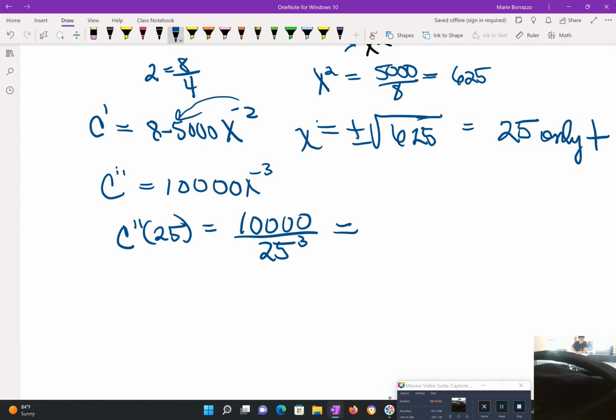Can someone with a calculator tell me what you get? What's 10,000 divided by 25 cubed? 0.64. Okay, so you get a positive number, right? A small one, but it's still positive. So it's greater than 0, and so based on what we talked about yesterday, we know that this is the absolute minimum.